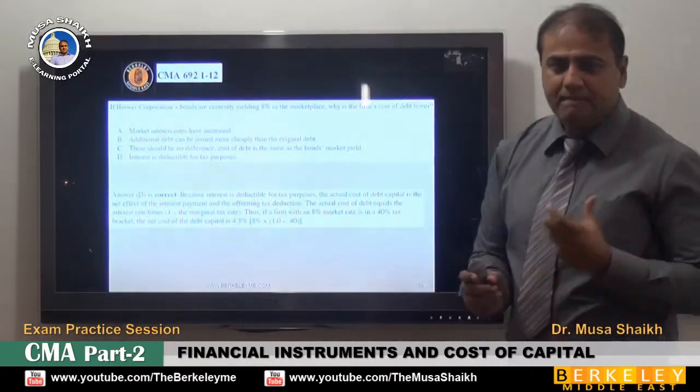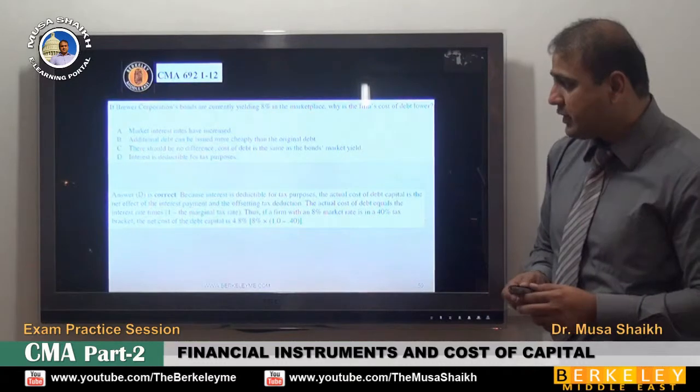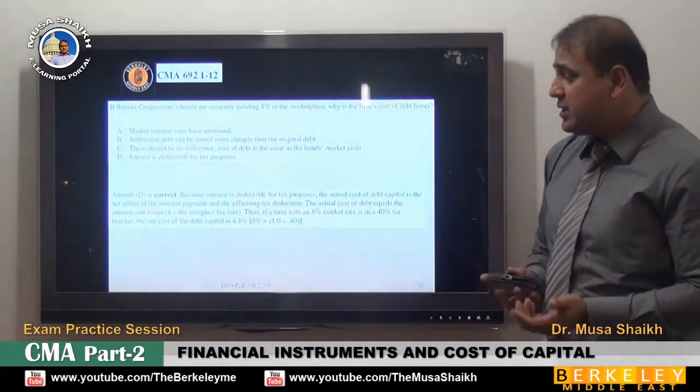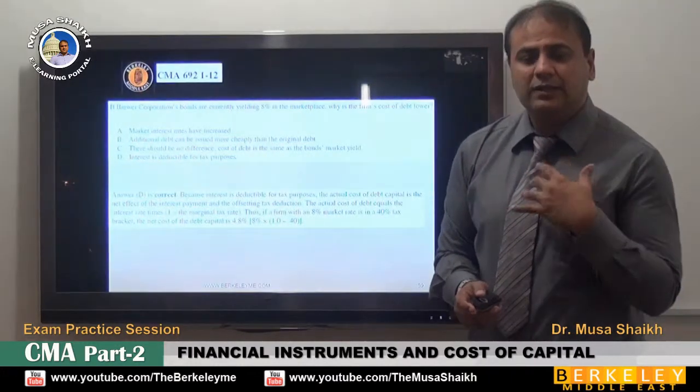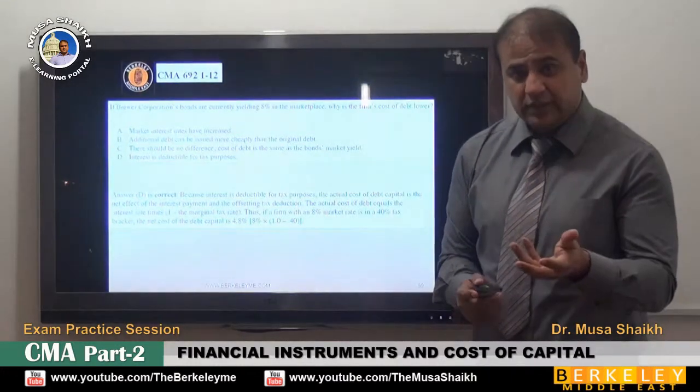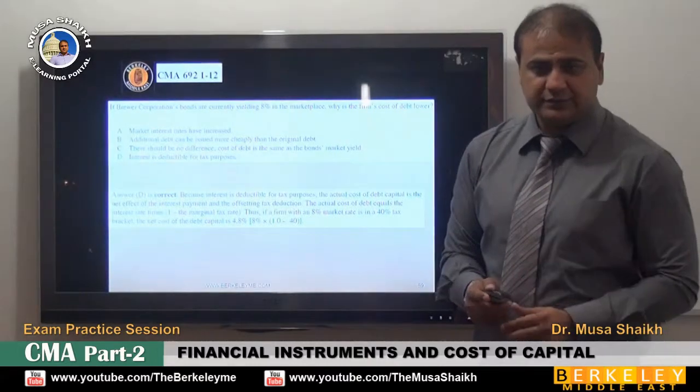This is the basic principle. So D is the right answer, because interest on bonds is allowable according to the tax authority, which reduces your cost.